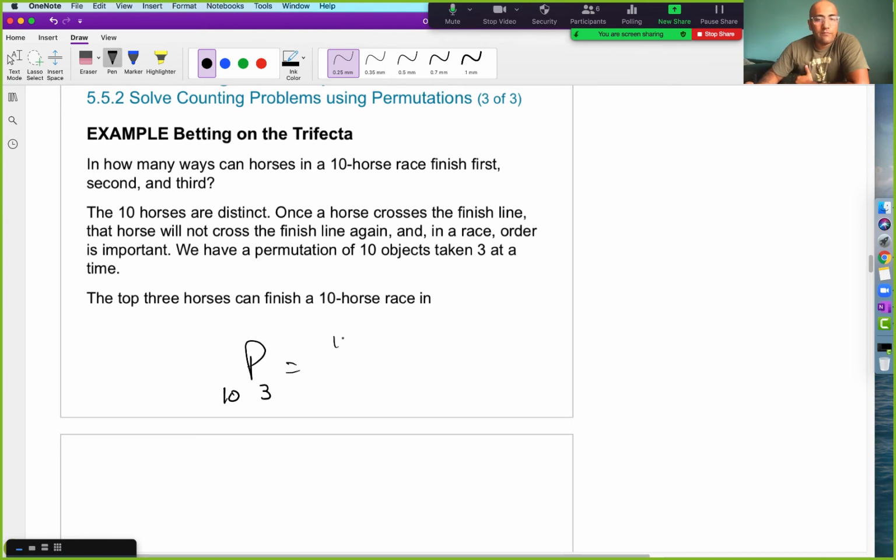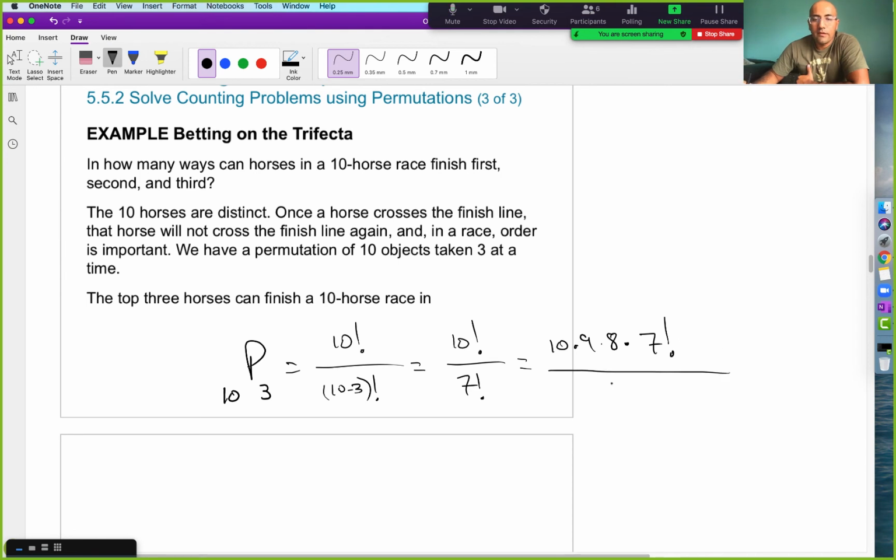And so following the formula, this is 10 factorial over (10 minus 3) factorial, which is going to be 10 factorial over 7 factorial, which reduces to 10 times 9 times 8 times 7 factorial, right? Because this means the rest of the countdown of 7, 6, 5, 4, 3, 2, 1 divided by 7 factorial.